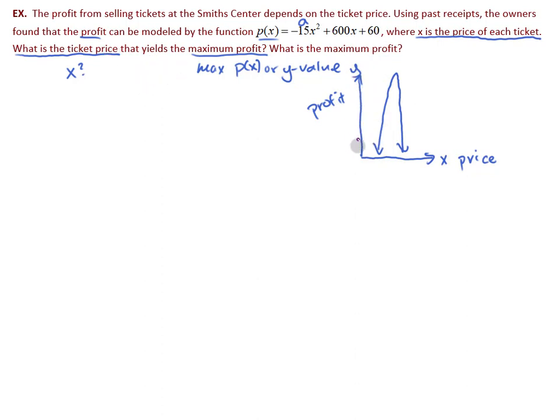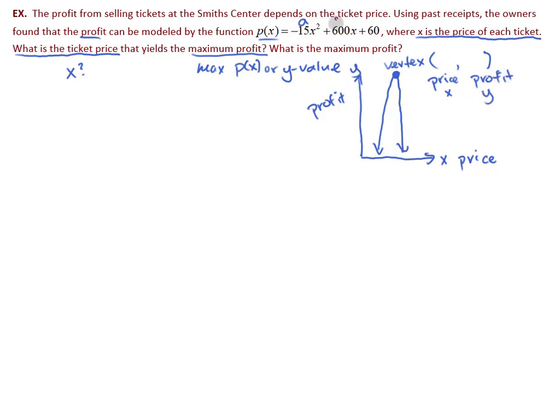Well, if my profit is my y value, the maximum profit is going to end up being at our vertex. So we need to find the x coordinate of our vertex, which has to do with the price, and the y value, which has to do with the profit. Price, which is x, and profit, which is y. So in other words, we need to find our vertex.